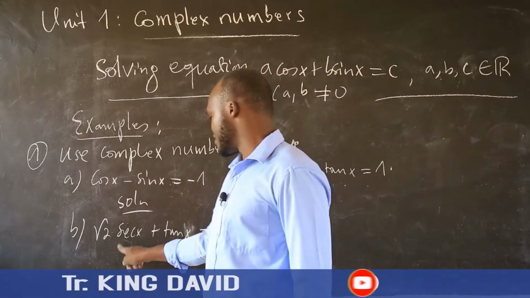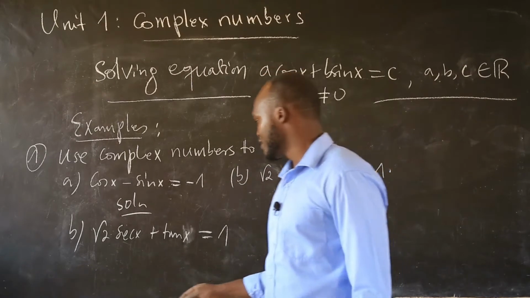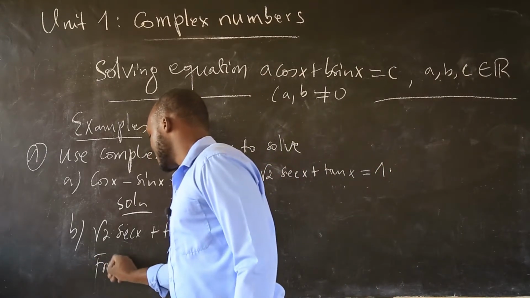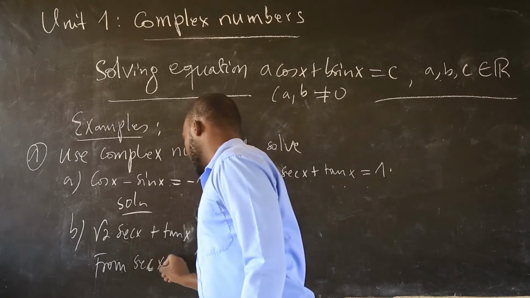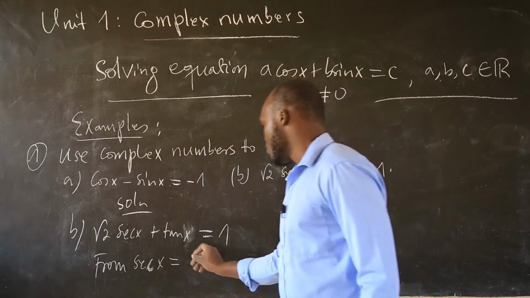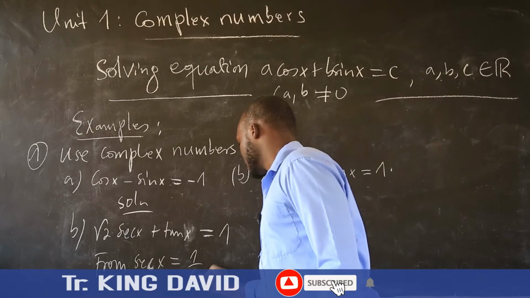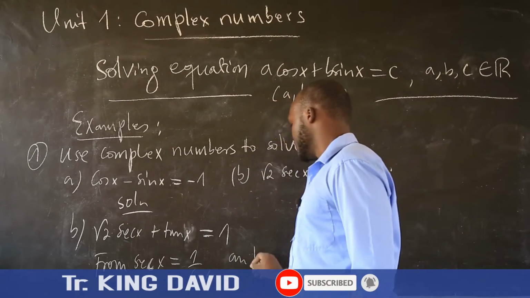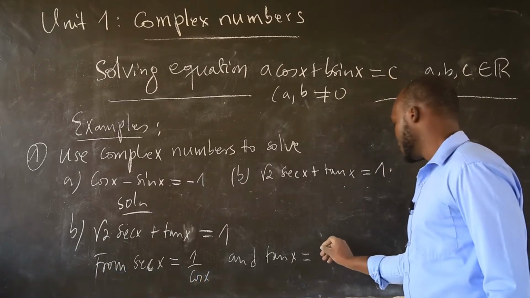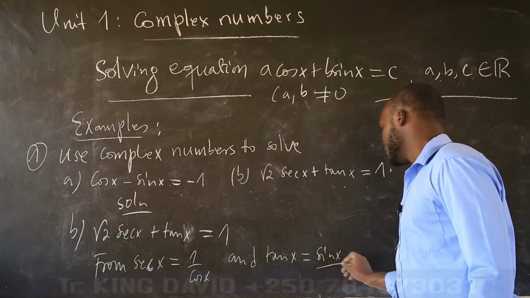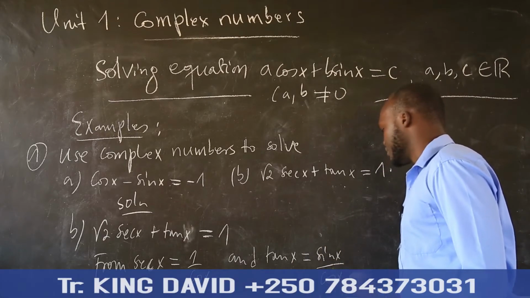We have root 2 times sec x plus tan x equal to 1. You know that sec x equal to 1 over cos x, and tan x equal to sin x over cos x.